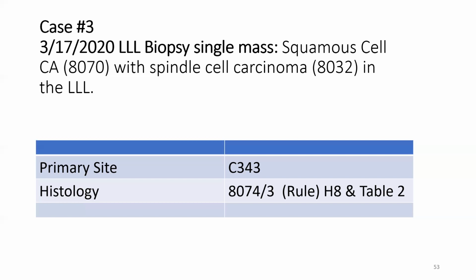So don't get confused. Remember, you've got a single tumor. You've got multiple histologies. So these aren't always multiple primaries because both histologies are in a single tumor. You're just trying to figure out how to code the histology.